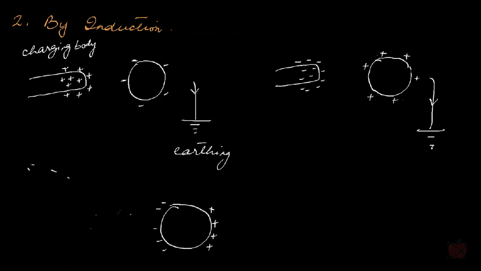Then these charges also automatically disappear, just like that. Understood or not? Why will they disappear? Because there are the same number of negative and positive charges, so they neutralize each other. Is it clear? So that is the process of induction.